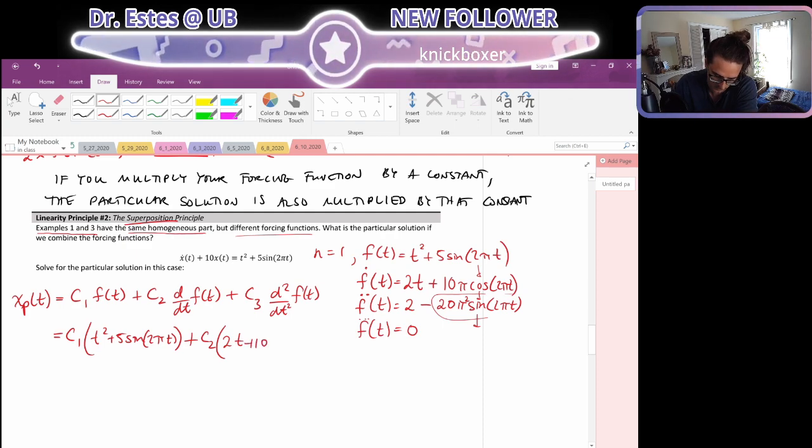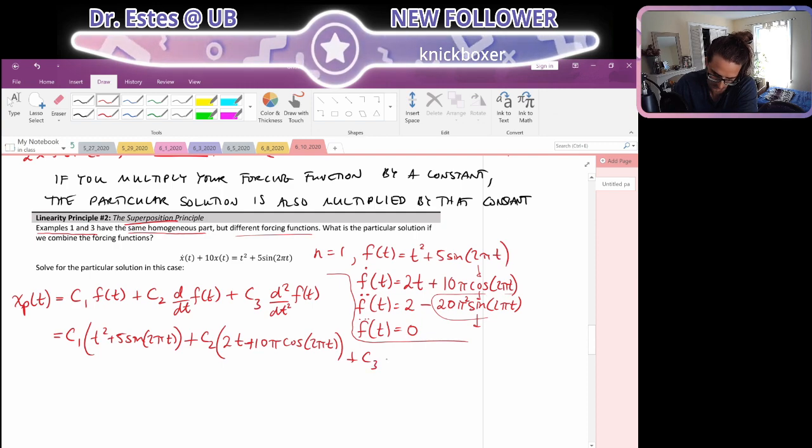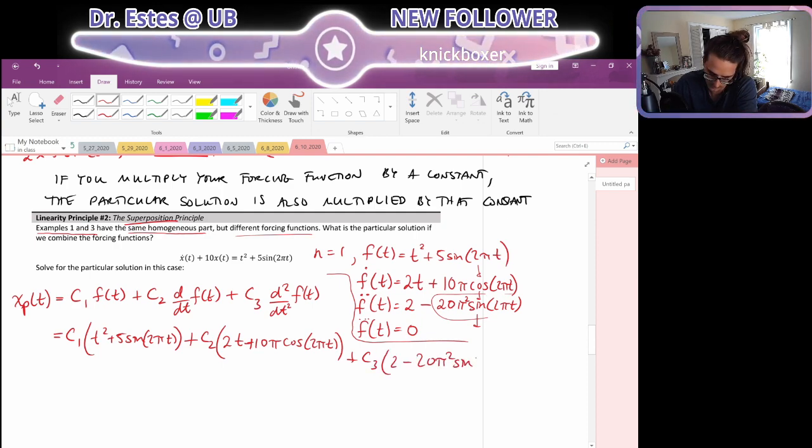Plus C2 times 2t plus 10 pi cosine 2 pi t. And we're going to do one more. Plus C3 times 2 minus 20 pi squared sine 2 pi t.